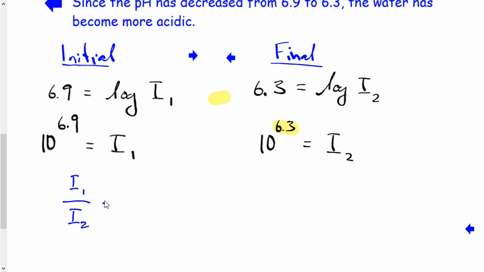So 10 to the 6.9 over 10 to the 6.3, which would give me 10 to the exponent 6.9 minus 6.3, or 10 to the exponent 0.6.